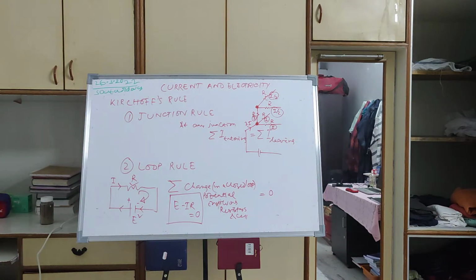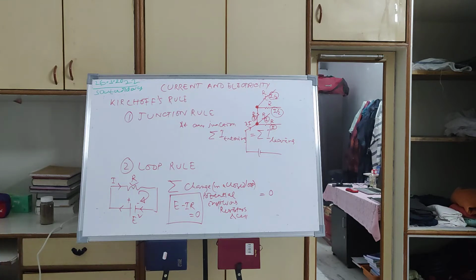You can apply this for any complicated circuit. You can have multiple resistors, and this is the simplest one. A circuit can be complicated, but you can go loop by loop using this principle.